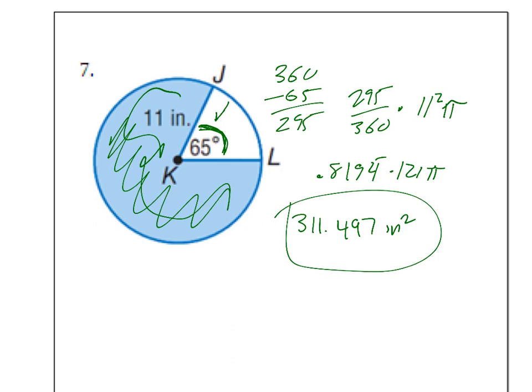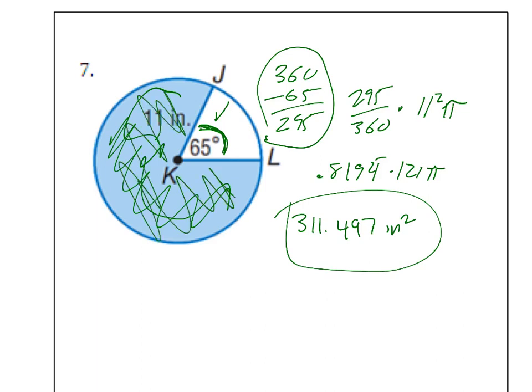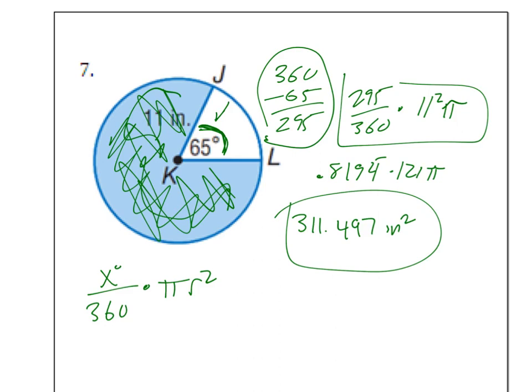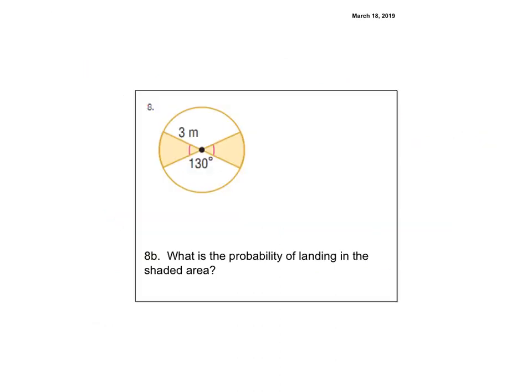So again, all I did was take 360 minus 65 because that is my shaded area. That's the area I want. Then I took that and put it back in here. So the big idea is whatever your angle is divided by 360 times the area of the whole circle. That's going to give you the part that you want.